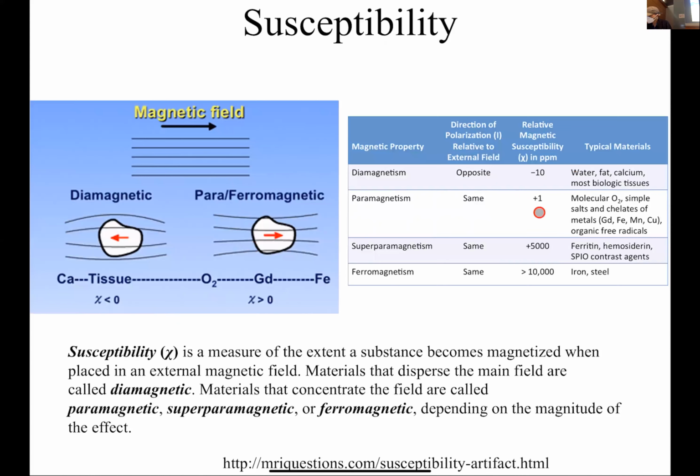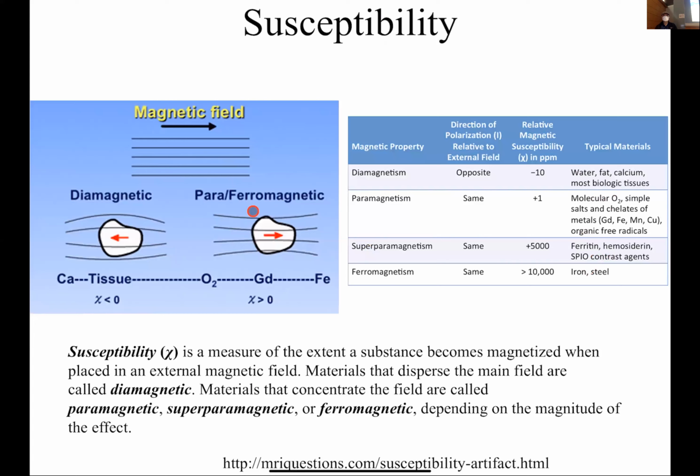Paramagnetic is things that have like iron, and then ferromagnetic is like iron. Superparamagnetic is ferritin. So anything that can be magnetized will tend to concentrate the field, and anything that has the opposite will tend to repulse the field away from it. So what that means is we've gone from this very uniform field to now changes in the field.